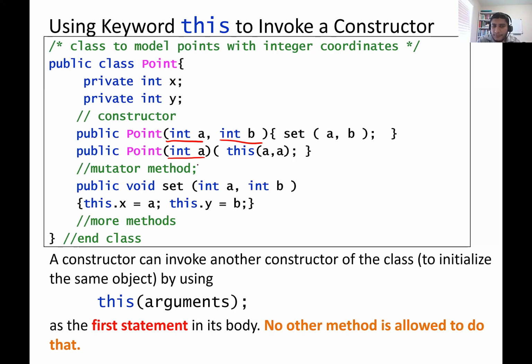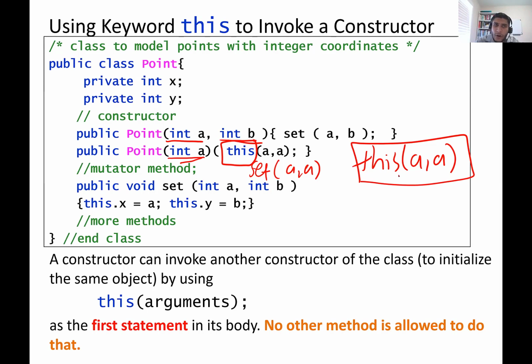And let's say I'm lazy enough to say, okay, here instead of setting A and A, can I just call the other constructor? In this case, yes, you can call a constructor inside another constructor by using the reserved word this, right? So if I do this(A, A), it simply calls the constructor of the Point class that takes two input parameters, which I'm calling inside the one that takes a single input parameter.